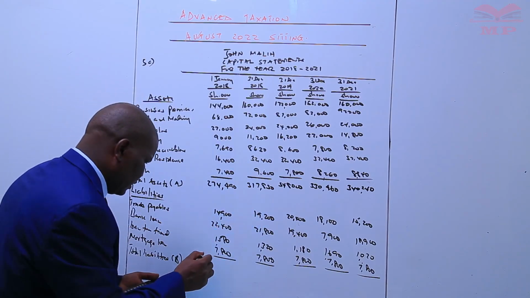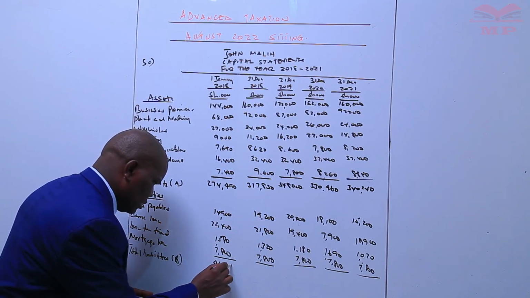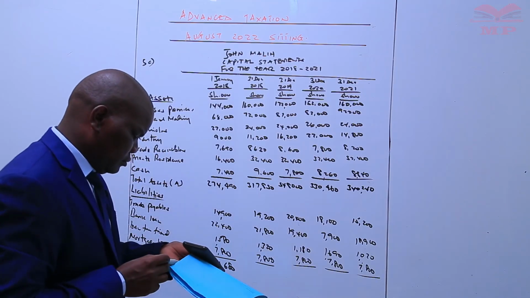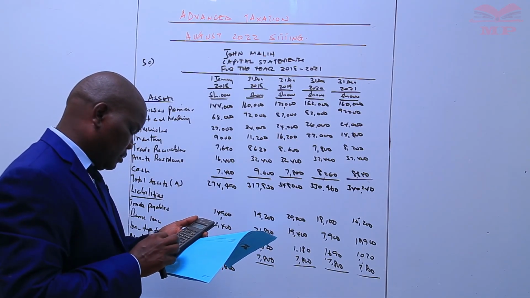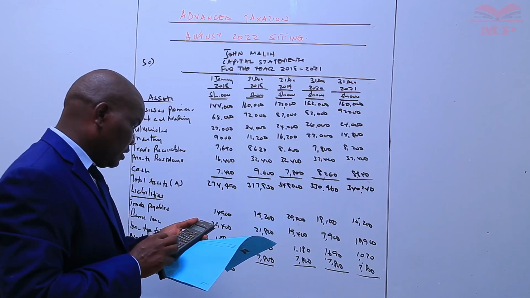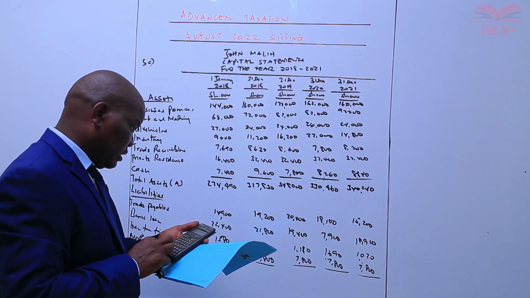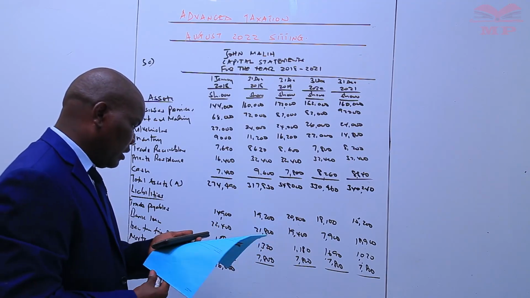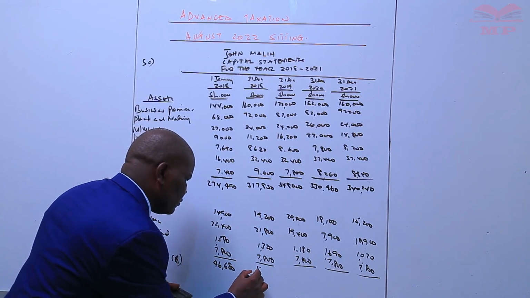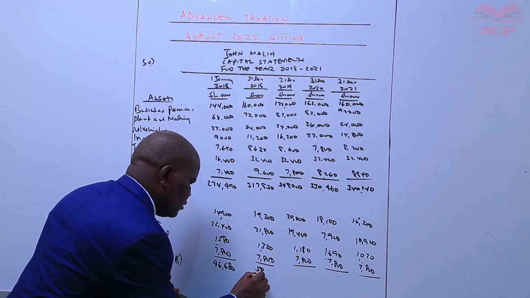I'm getting 46,680. Next, 19,200, 21,800, 1320, and 7,800. I get 50,120.